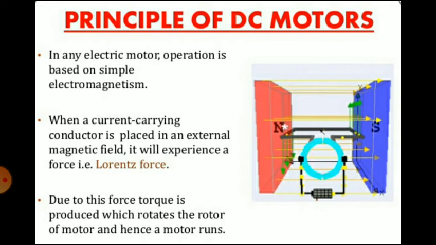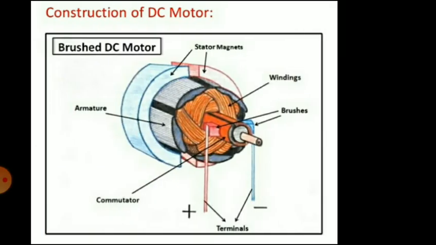The conductor is placed between the N and S poles. Due to this force, torque is produced which rotates the rotor of the motor, and hence the motor runs. So this is the working principle of DC motors.